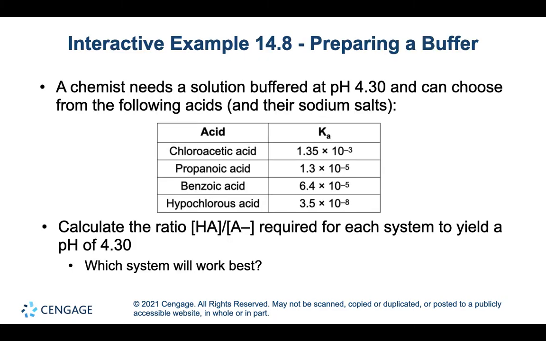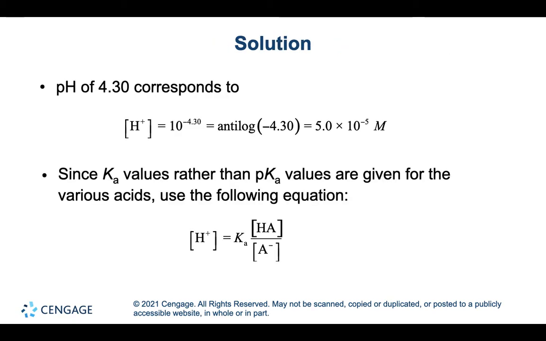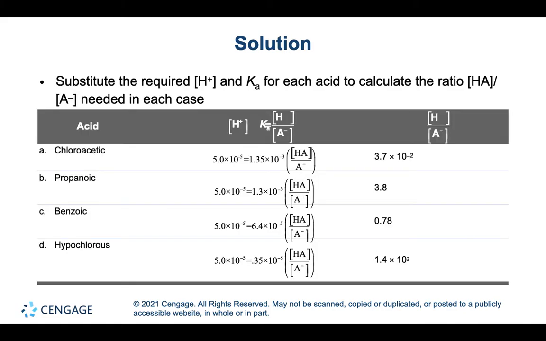The closest thing we have here is benzoic acid, which is 6.4 times 10 to the minus 5th. So the benzoic acid would allow us to have an HA to A minus ratio of 0.78. So then that would be the best choice.